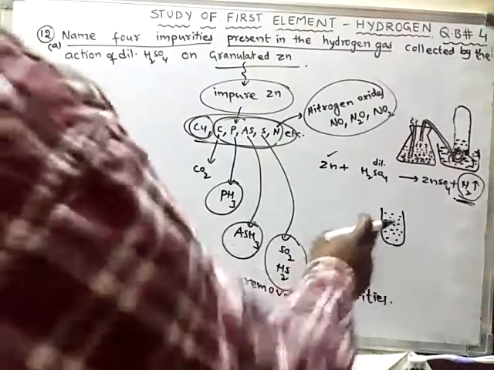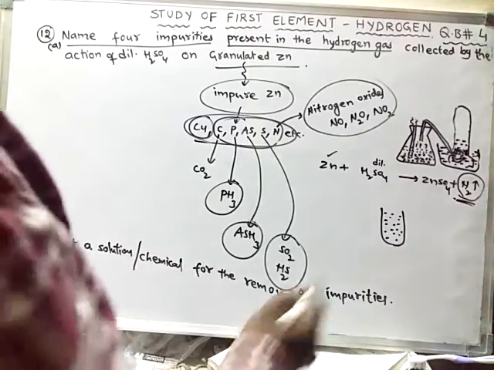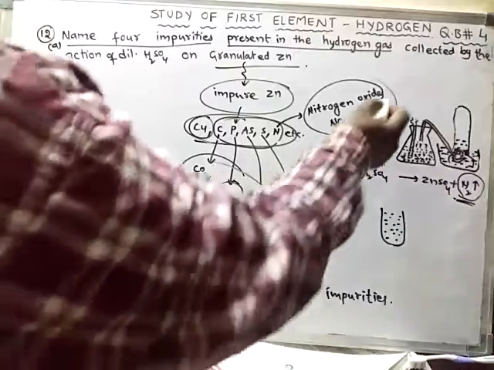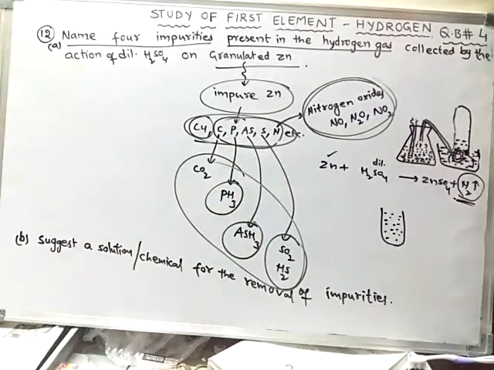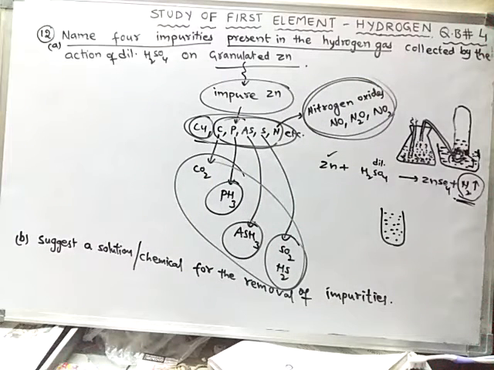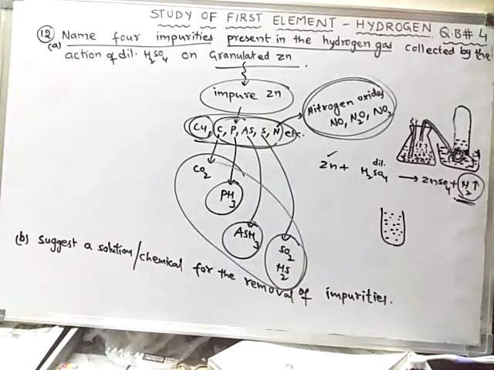In order to do that, we have to remove these impurities. If you remove these impurities, then you will get a pure hydrogen gas. Then the question is how to remove these impurities, and which chemicals we should use. So that is the question here: suggest a solution or a chemical for the removal of impurities.